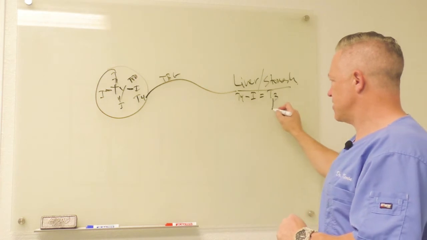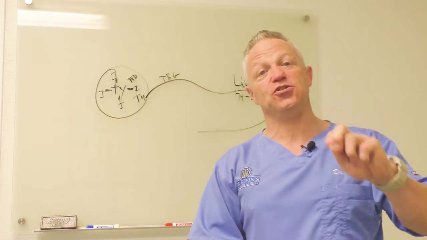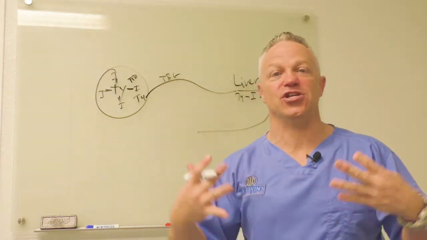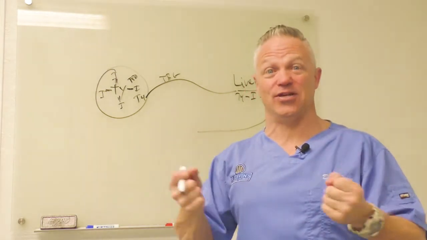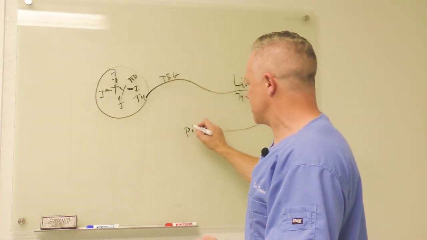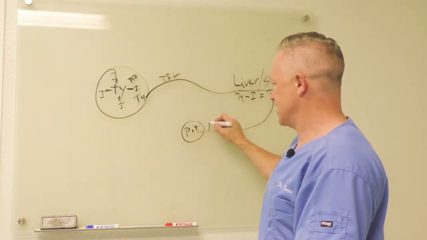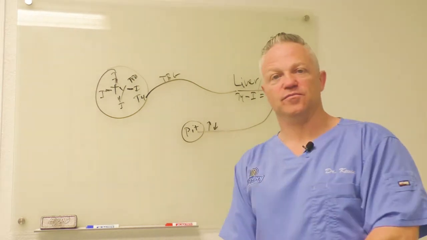And then T3 goes through your blood and converts the food that you eat into raw energy, raw ATP for your cells to function. And then T3 ends up going through your pituitary gland, which measures, is this high or is it low?